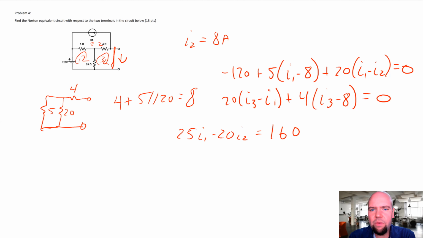And for the second equation, we got negative 20 I1 plus 24 I3 equals 8 times 4, 32. Okay, is there a good way to clean this up? What did I get an I2 there?